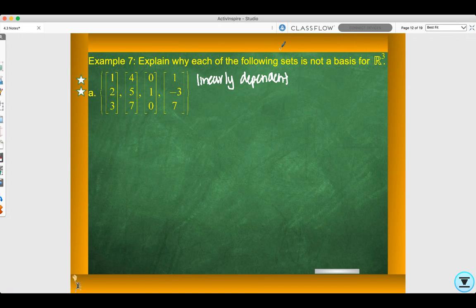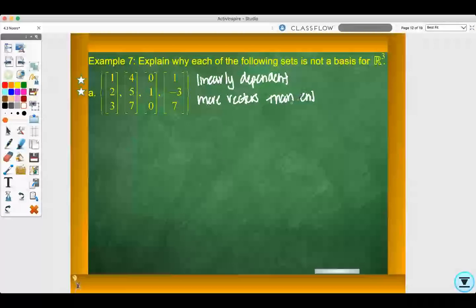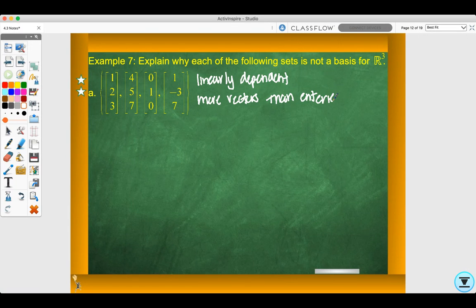And that's because there are more vectors than there are entries per vector. So in other words, there's too many columns.